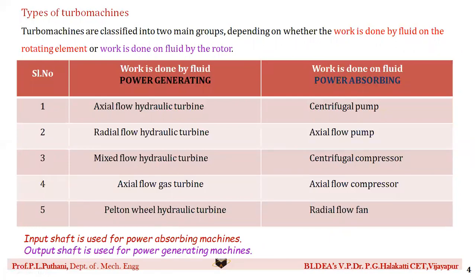Previously I was telling you we are deciding which type of machine we need, either the energy has to flow from the fluid to the rotor or from the rotor to the flowing fluid.